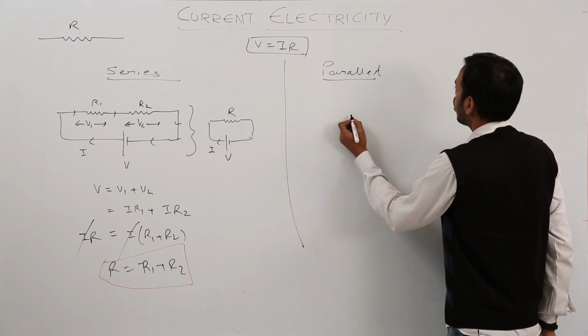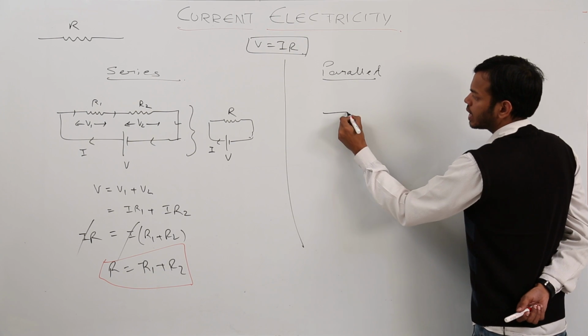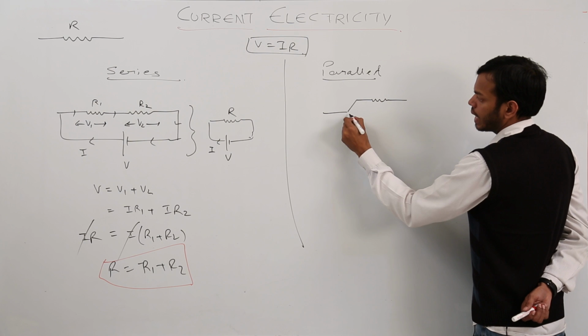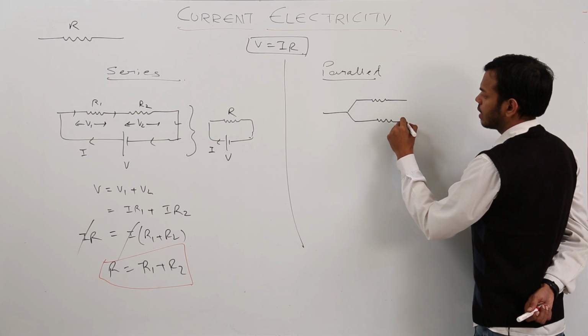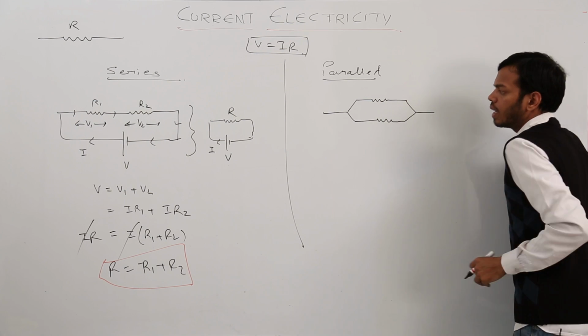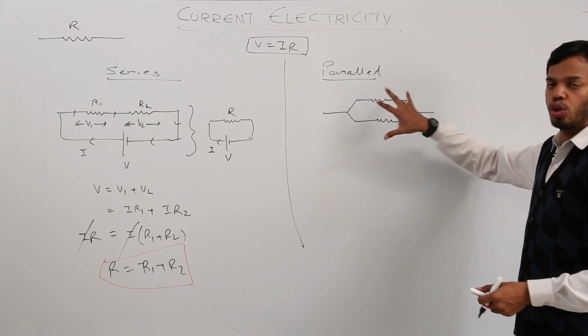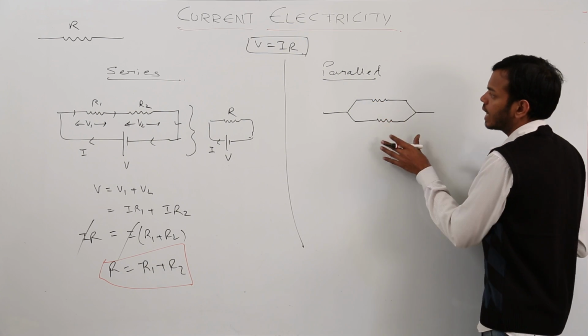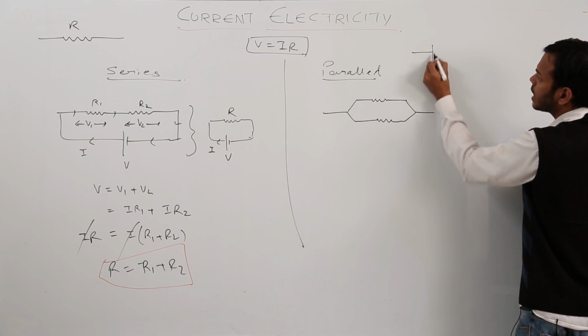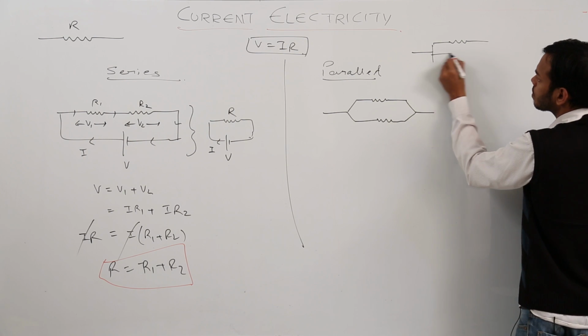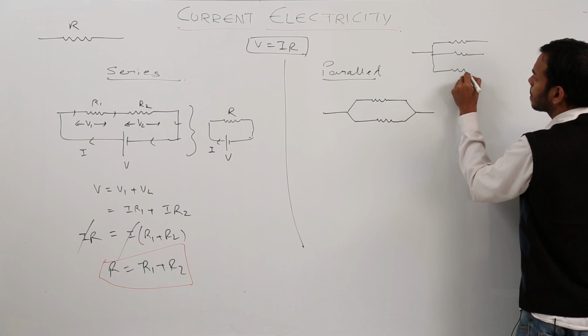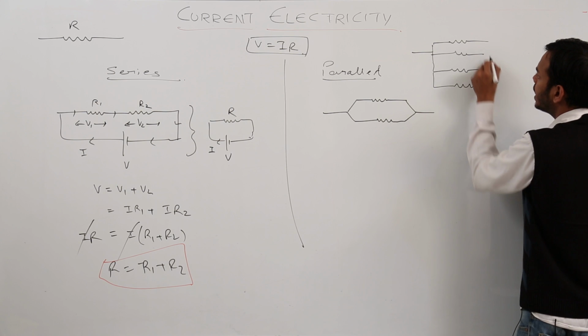In case of parallel combination, what is a parallel combination? Resistors connected like this. What do you mean by this? If I make a circuit like this, or if I make a circuit like this, they are all in parallel.